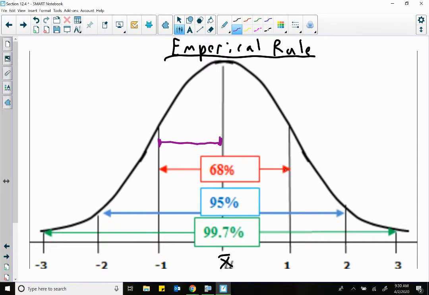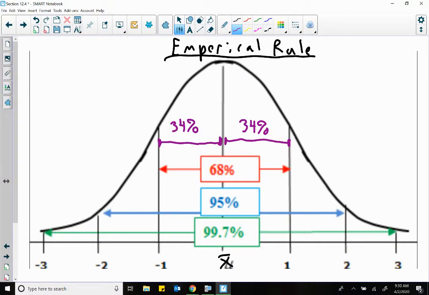And again, this is symmetrical, so this is really cutting my information in half. But what's half of 68? 34%. So that also means over here, this distance is 34%. You'll understand why we're talking about this soon enough, but I want you to have this information about how much data is between these two.